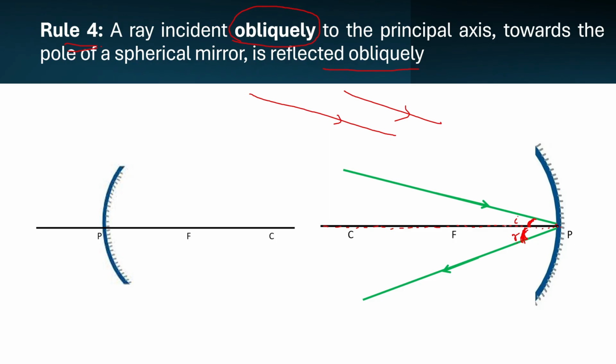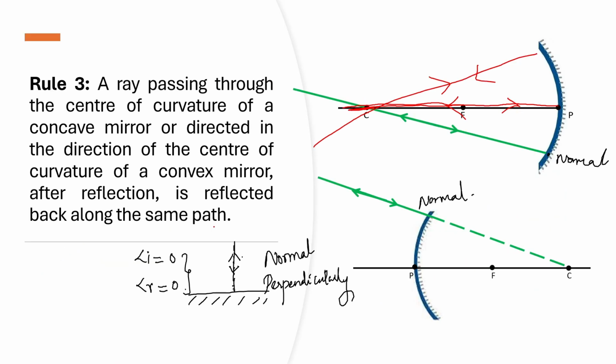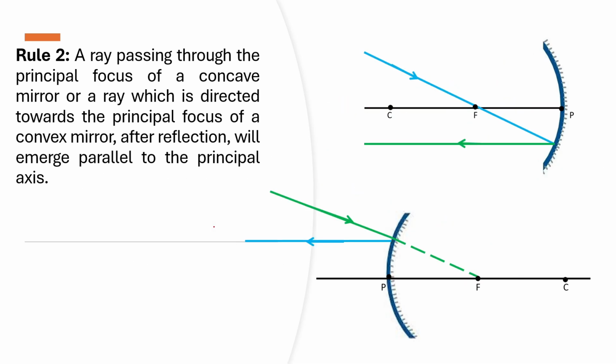The same is applicable for convex. See, here also it hits the pole. Then what happens after hitting the pole? Yes, it reflects in such a way that this angle and this angle are equal. Why? Because this is the normal. In the previous diagram also, we have discussed the normal. Here also we can draw the normal.